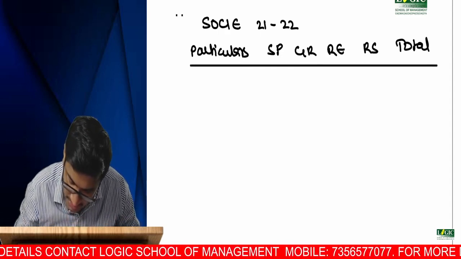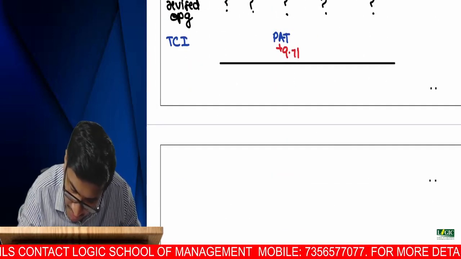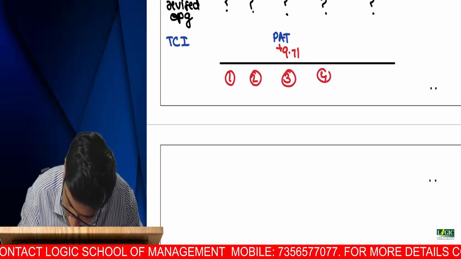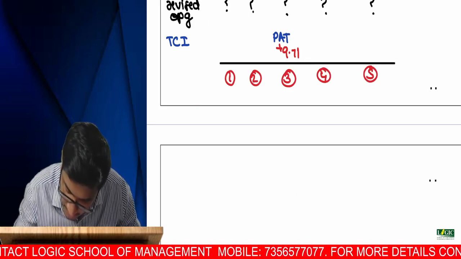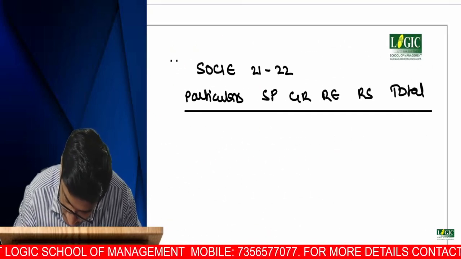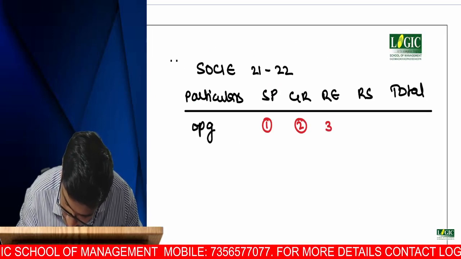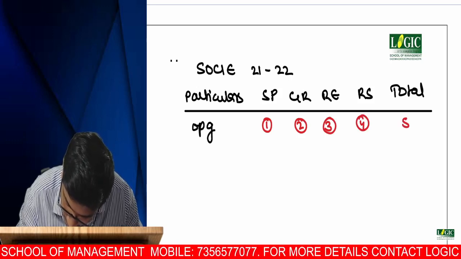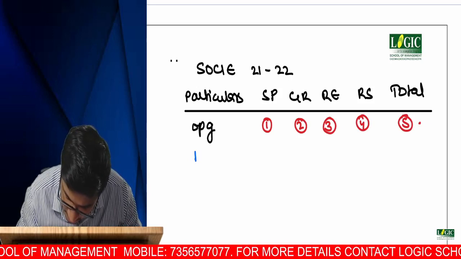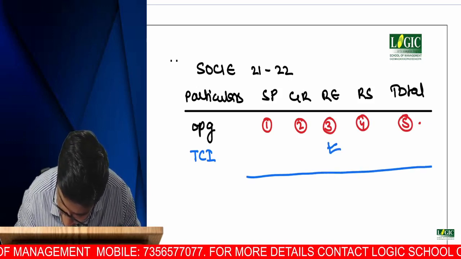To give some context, if I'm writing some figures, assume that I'm writing some numbering 1, 2, 3, 4, 5. So I'll write those 1, 2, 3, 4, 5, whatever is the opening balance. Opening balance, I'll be writing 1, 2, 3, 4, and 5. And since I haven't given anything, what is the pattern on, then TCI will be written and you will be able to get the closing balance. Okay.